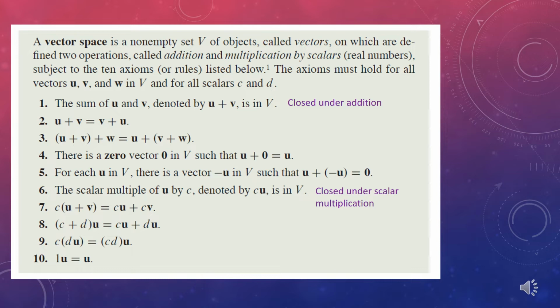And there needs to be something that's considered a multiplicative 1, so that the scalar 1 times one of your objects doesn't change the object. Again, the set of real numbers is an example of a vector space. The set of complex numbers is an example of a vector space. And so these rules very naturally will apply to real numbers and complex numbers.